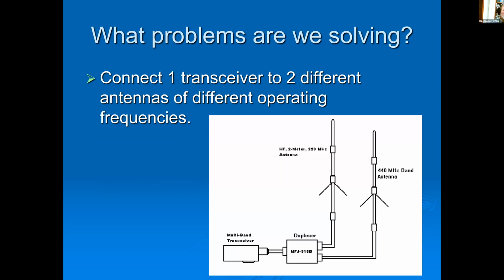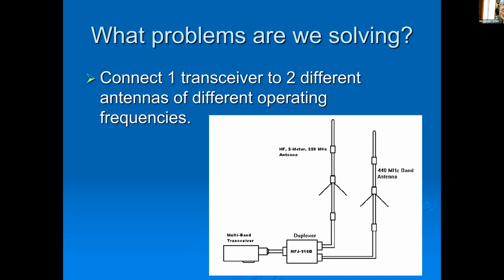Let's say one's a 2 meter, one's a 440 antenna. And you want to take a single piece of coax coming out of your transceiver and be able to connect to these two antennas. In other words, your transceiver is a VHF, UHF dual band transceiver, and you want to connect to both of these two antennas. Well, kind of tricky because you got to match each one of those things for 50 ohms.